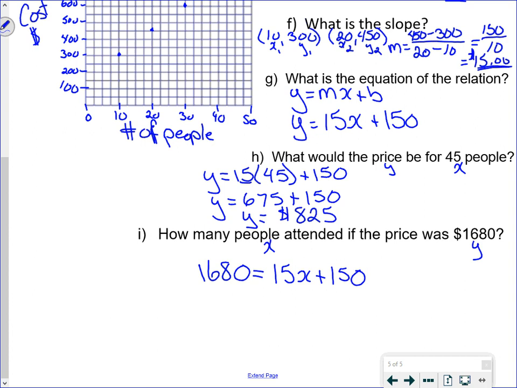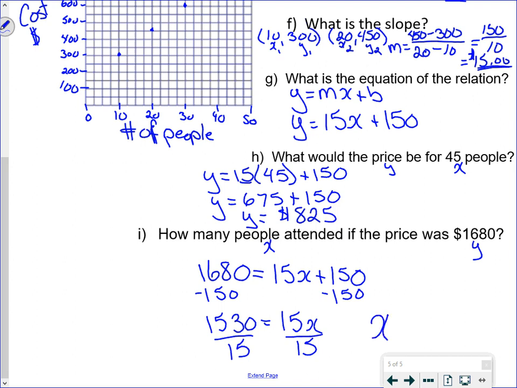Now we need to solve the equation, so we'll subtract 150 from both sides. When we do that, we will get 1530 equals 15x. We'll divide out that 15. So our x value will be 102 people. So if you asked 102 people to come to the banquet, you would have to pay $1,680.